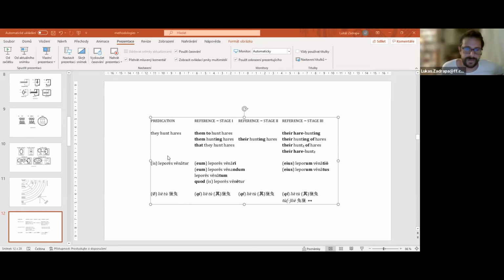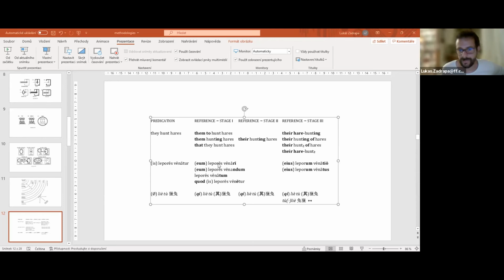It is very similar with Latin. We have these constructions with infinitive, accusative and infinitive, or gerunds, or supine, I don't know how one reads it in English. And in the end, we have real action nouns like venatio, hunting or hunt, or venatus. And again, here we have hares, these lepores.